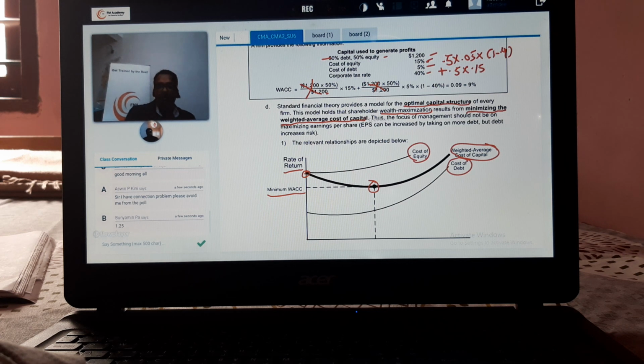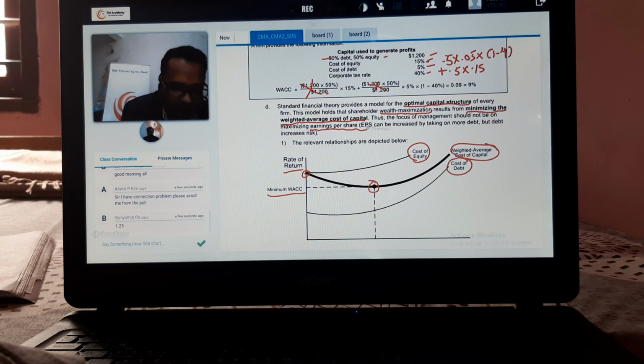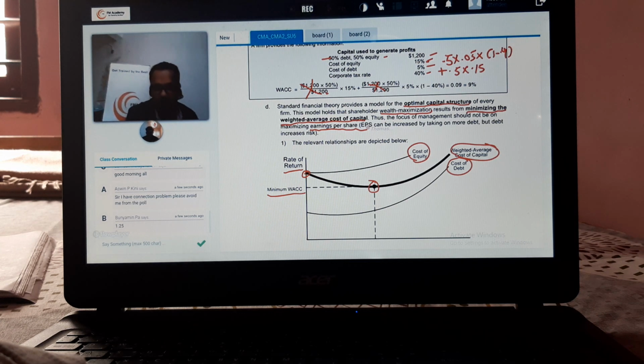Remember, the focus of the management is not maximizing EPS. Some questions will be there. Which one of the following statements is correct? Optimal capital structure is the point at which the firm tries to get the maximum EPS.